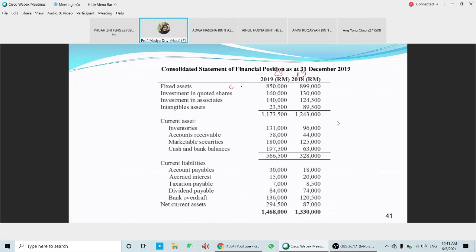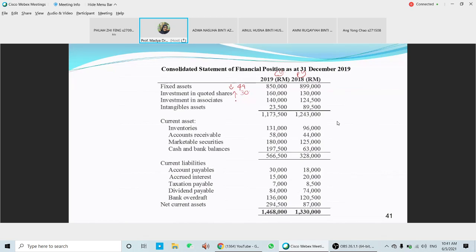How much is the reduction here? You analyze item by item. Reduced by 49 here. Then for your investment in quoted shares, this one is related to your investment. There is an increase. Maybe you bought some investments, a new investment.